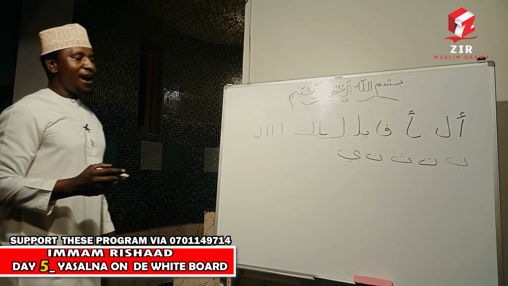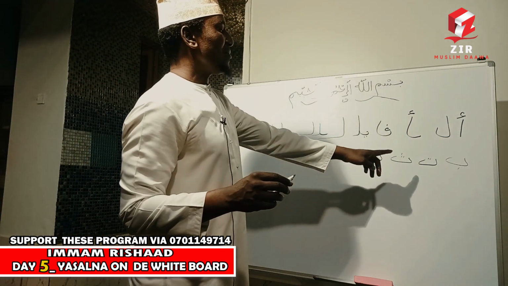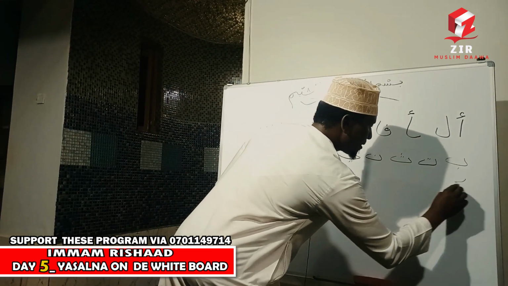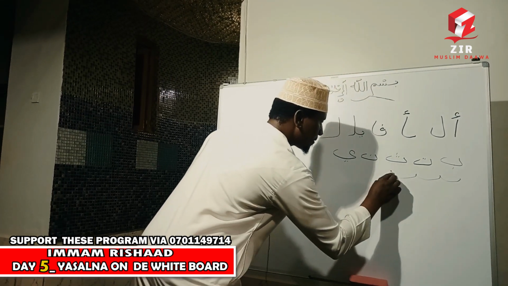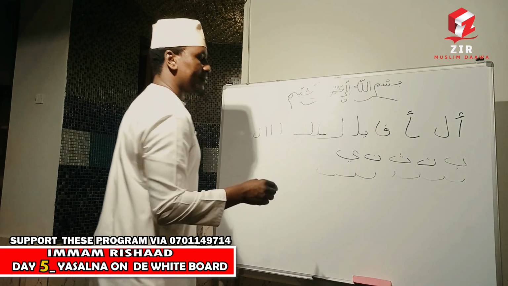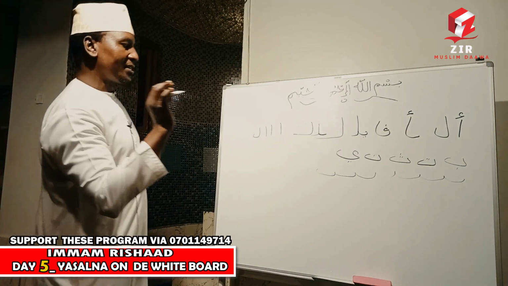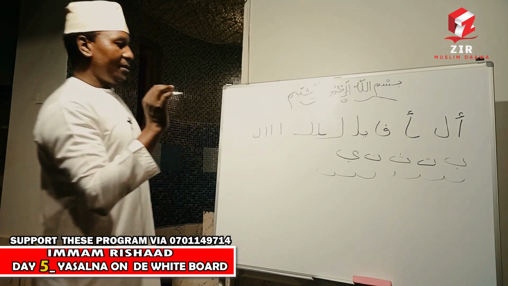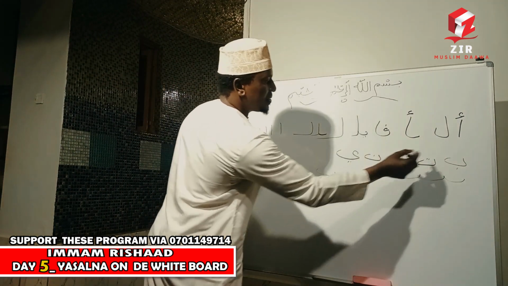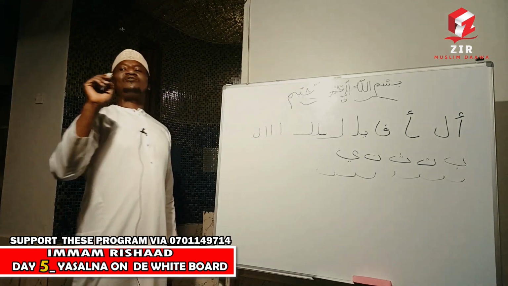These letters are all represented on a bend just with the dots. For example, the bend moves like this. Ba'u, all these letters are going to be represented on this bend with dots.